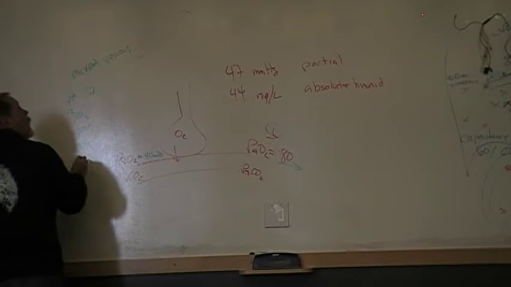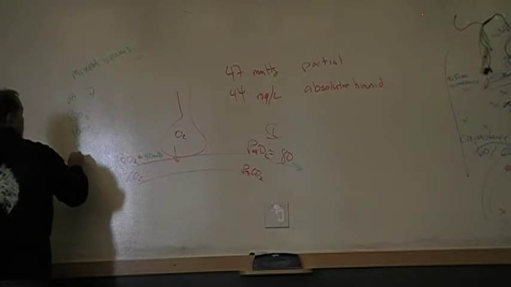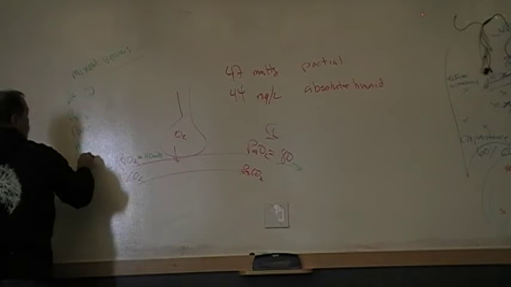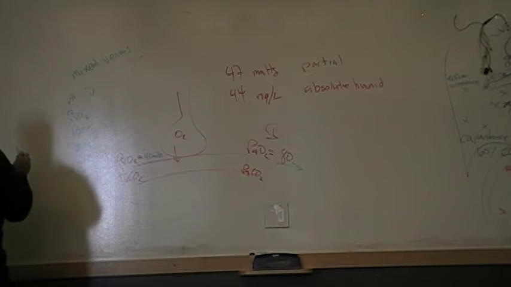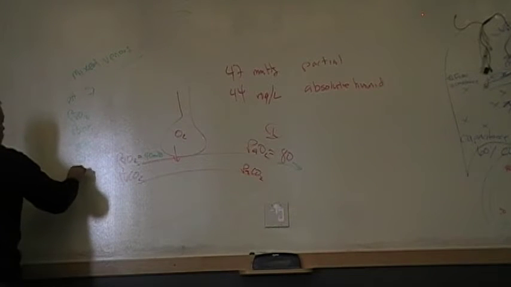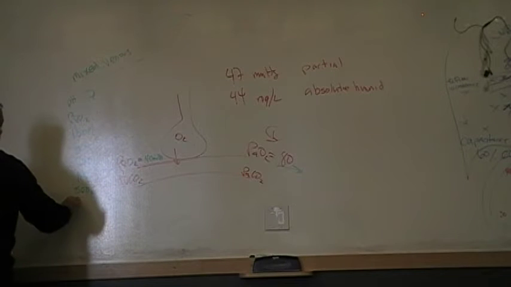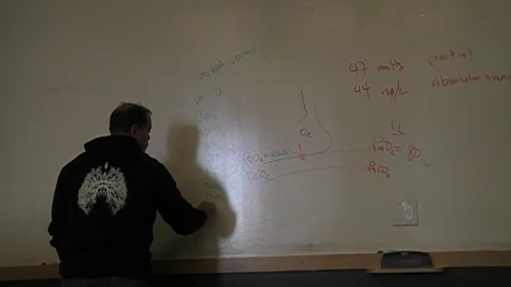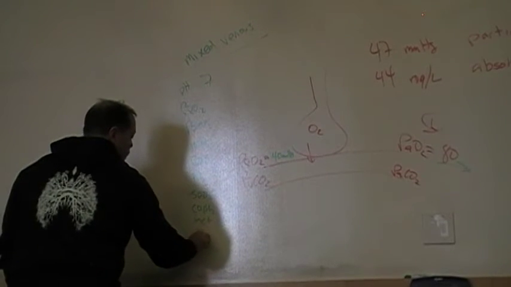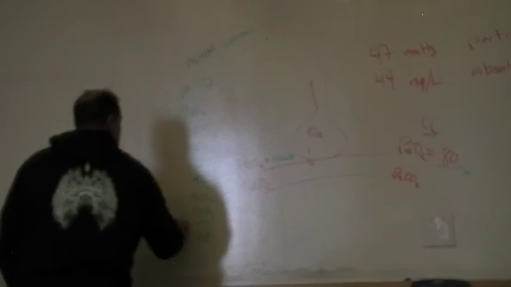It'll give us a content, CVO2. It'll give us a hemoglobin. It'll give us a saturation, SVO2. It'll give us CO hemoglobin. It'll give us a net hemoglobin. It'll give us a base excess. So these are essentially all the numbers in an ABG.